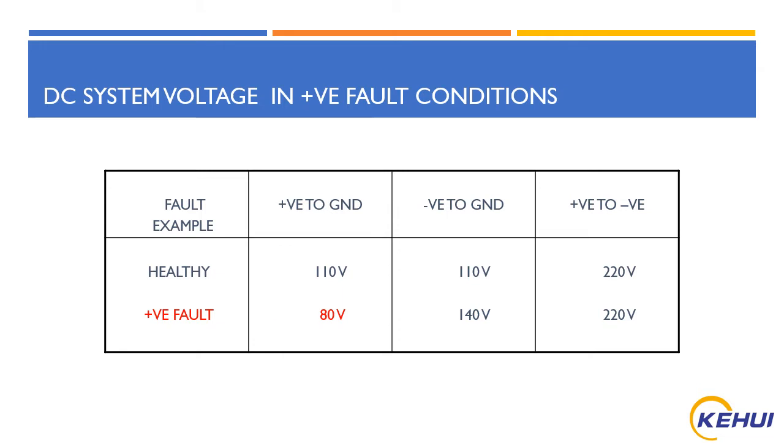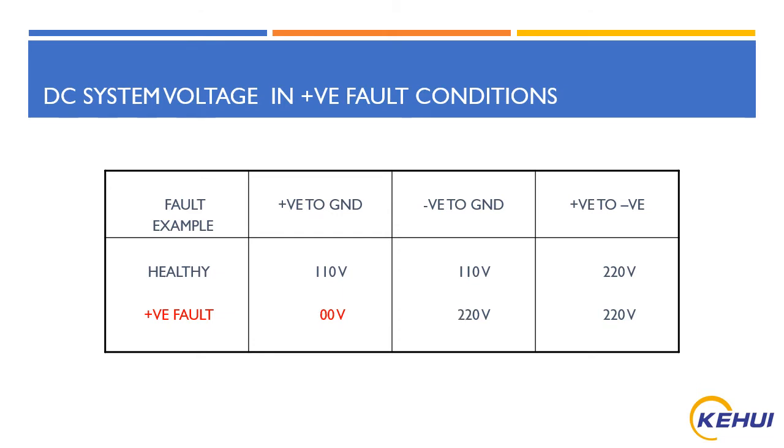If we take a small example of a high resistive fault, in a healthy system of 220 volts, you have positive to ground 110 and negative to ground 110. But if a positive high resistive fault occurs, the voltage drop occurs based on the resistance. You can see a voltage drop of 30 volts here and an increase of 30 volts in the negative, but still positive to negative remains 220 volts and the system continues to work.